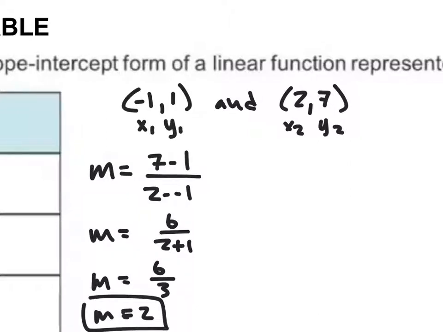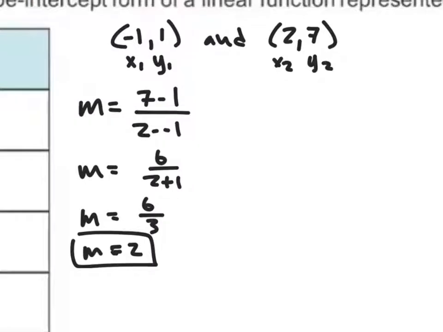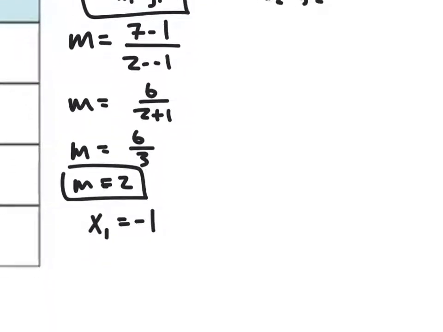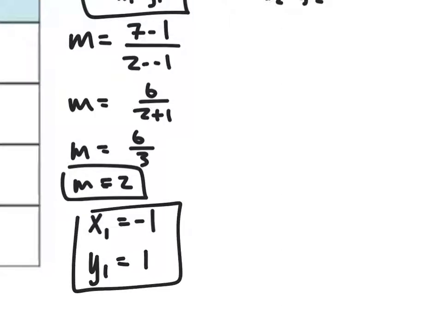Now let's use point-slope form. I'm going to use this first point. You can use whichever one you want, but because we've already labeled x1, y1, that's how I typically do it. So x sub 1 is equal to negative 1, and y sub 1 is equal to positive 1. Now I'm going to plug this into point-slope form, m times x minus x sub 1.